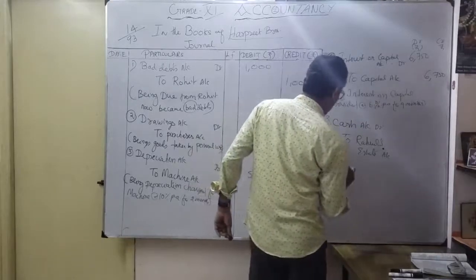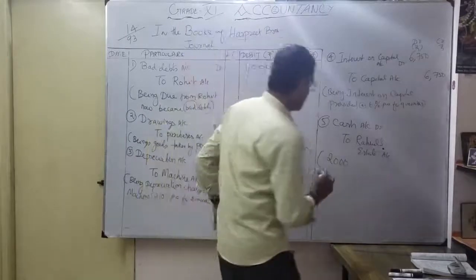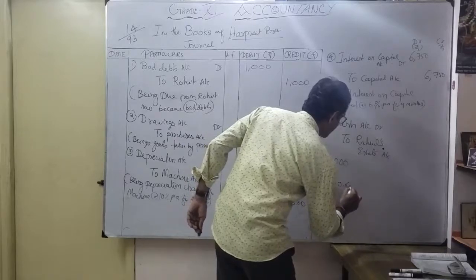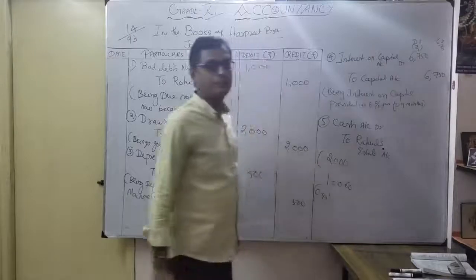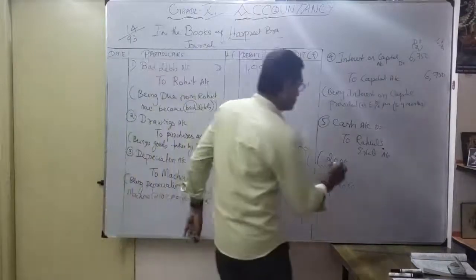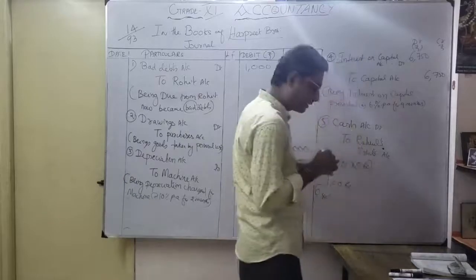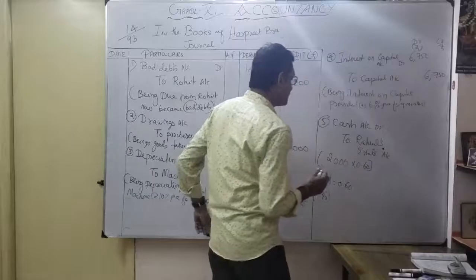2,000, correct. What happened? They gave only 60 paise. That means for every 1 rupee, he has to pay only 60 paise. So how much are we losing? 40 paise. So I will calculate 2,000 into 0.60. What value do you get? Just simply 1,200.